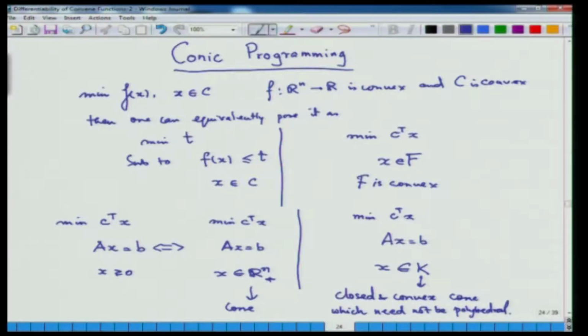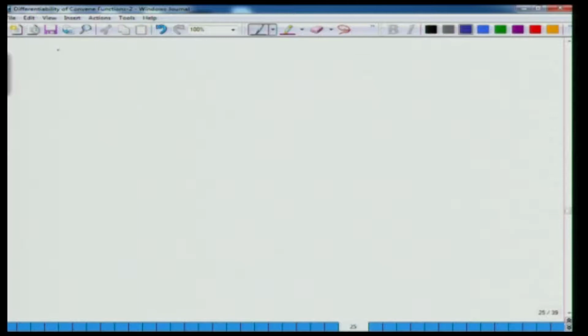I can take this as a thing which need not be at all polyhedral. One such example is where K is not polyhedral, the second order cone or the Lagrange cone, or I would not get into this Lagrange name and all, or the ice cream cone.